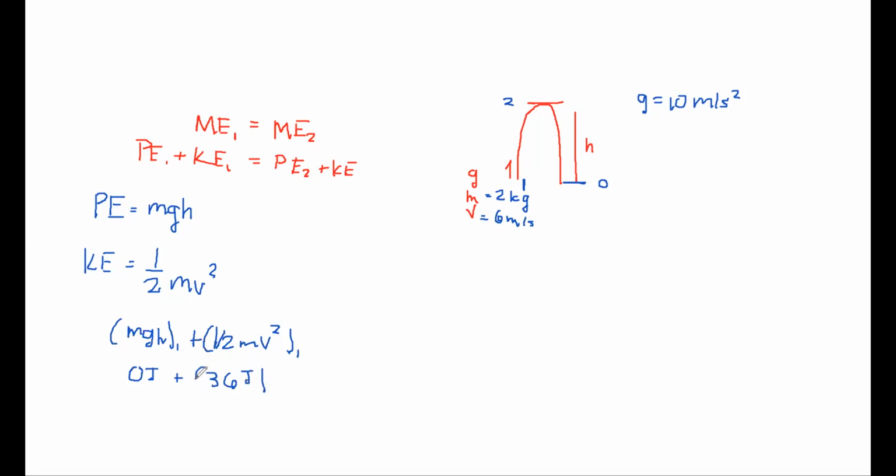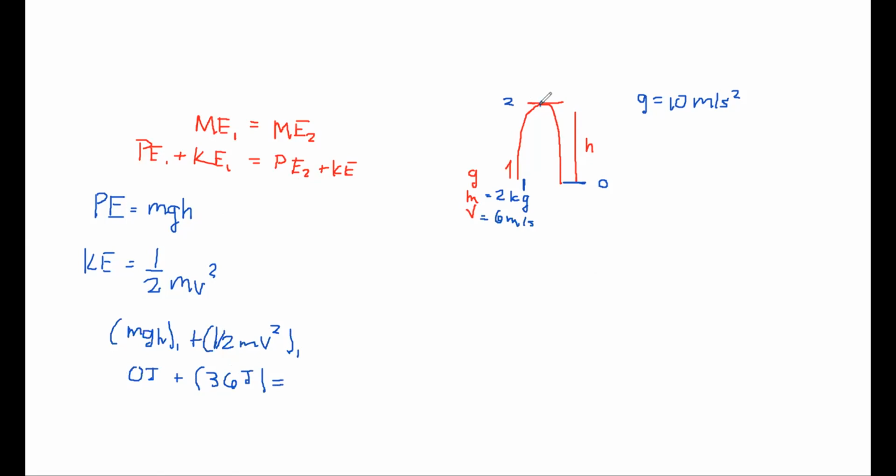So this is the total amount of energy that this ball starts with. So we start with 36 joules of energy. This is the initial state. So initial energy equals 36 joules. All right, this is also equal to final energy. Well, let's just look at our scenario here.